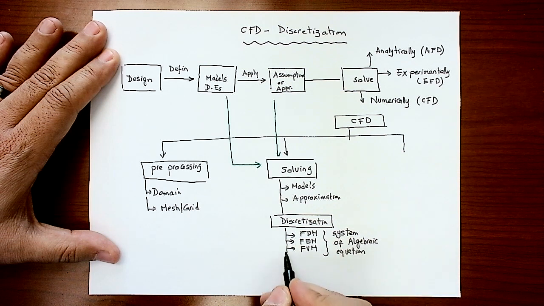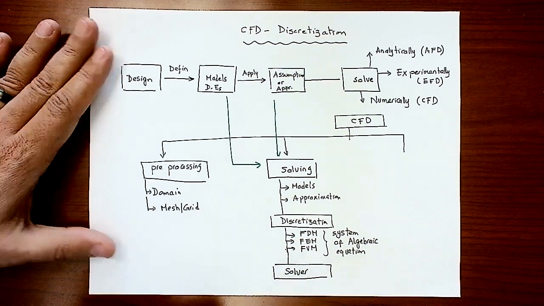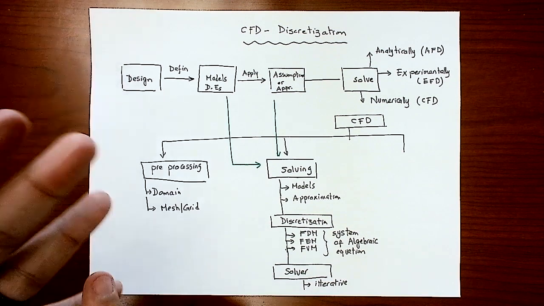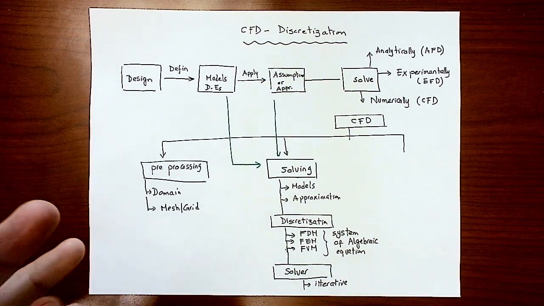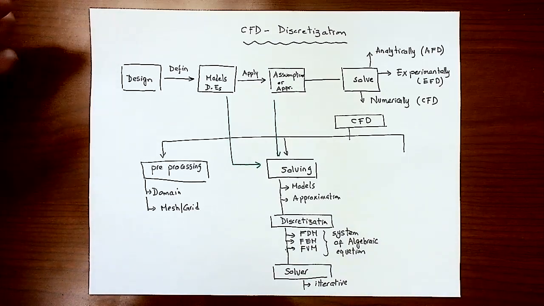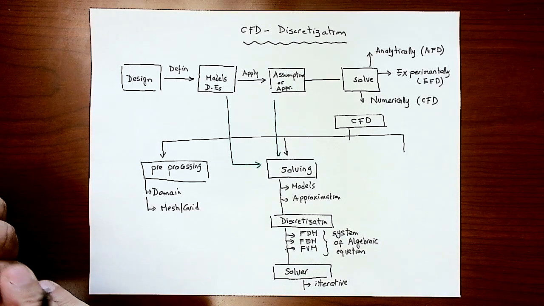To solve, which means that your next step is to do the solver setup, which usually is an iterative method, right? Gauss-Seidel iteration, could be Jacobi iteration, whatever method you are using, right?